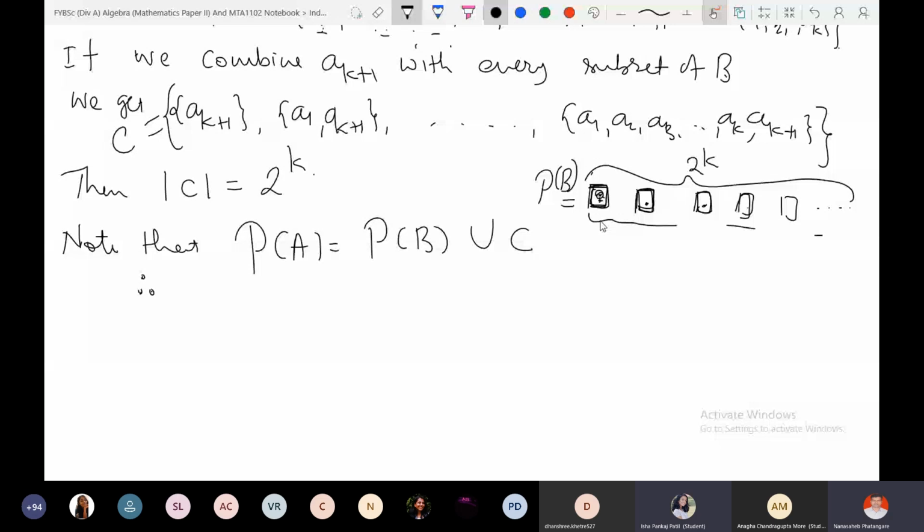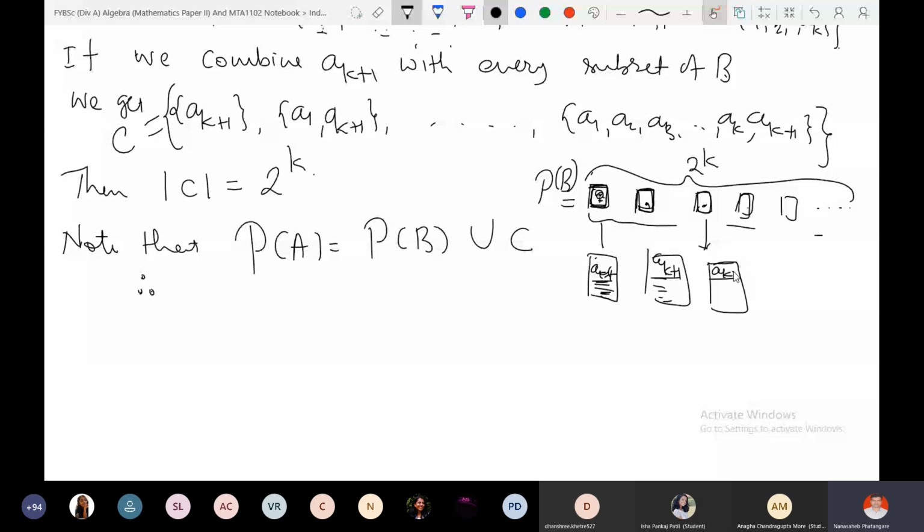So in this box I am adding a k plus 1 and already the original elements are there. The original box is this, but I am adding one more element, a k plus 1. So this box is as it is, but its size is increased, and so on.